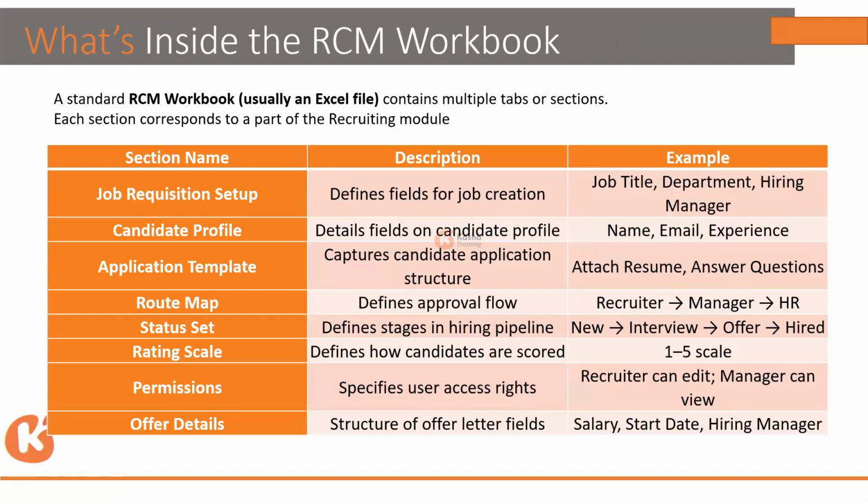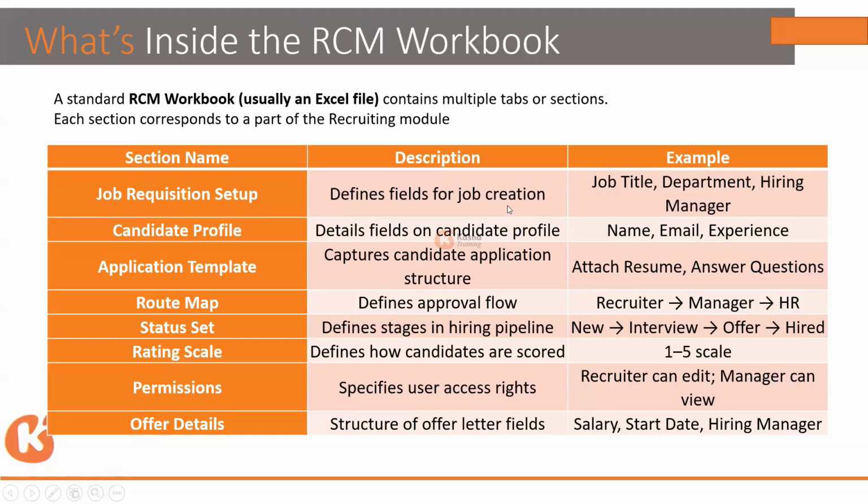Now what is inside the workbook? Inside the workbook, it is all columns, where certain columns are mandatory and certain fields are not mandatory. You just specify what all you'll be needing. We'll open up a workbook also and I'll show you in a few minutes, once we are done with the PPT. Here you can see you have a job requisition setup.